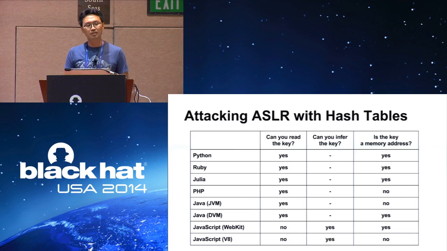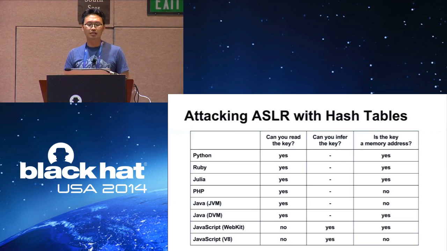If you specify some specific compile options, then you can choose to use the memory address as a key. I don't know why this is not the default compile option right now on JVM, but there is a code path which is exactly doing this.